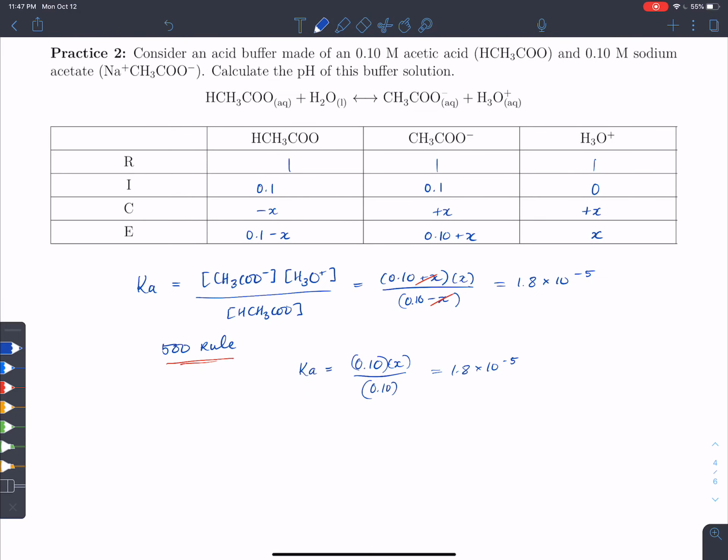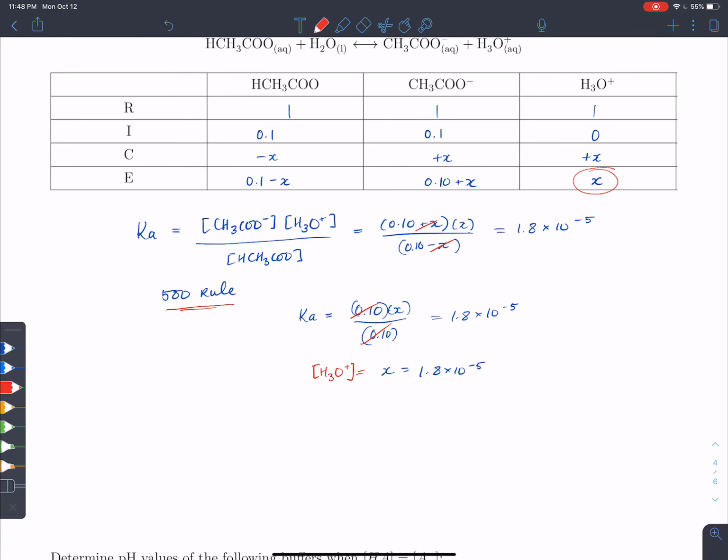Now, if you notice, the concentrations of our conjugate acid and our base are equal to each other. So with that said, I can cancel these out, and I end up with x equals 1.8 times 10 to the power of negative 5. And like I said, the x represents our hydronium ions, so we know that this is the concentration of our hydronium ions.